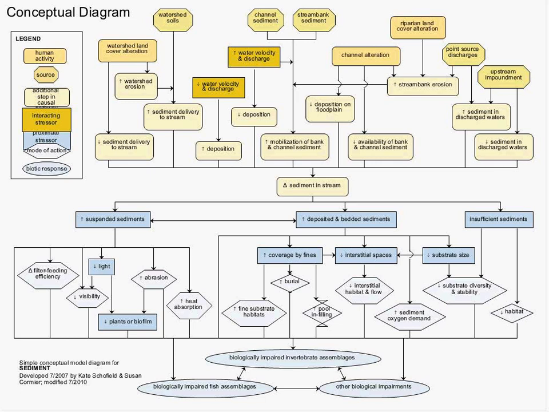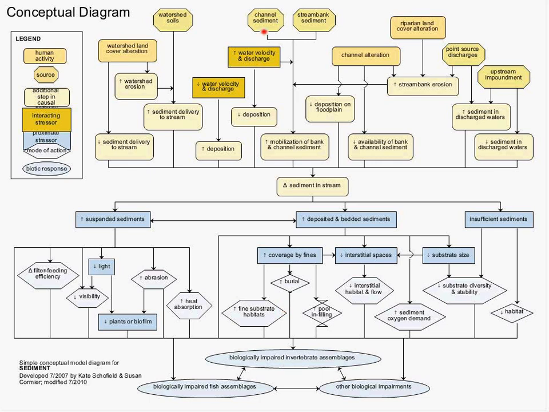But when you systematically go through it, starting from a source or a human activity and ending up with your biological impairment, what conceptual diagrams are really meant to do is capture what we call a causal pathway, or how do you get channel sediment, through biological terms and ecological interactions, to a biologically impaired invertebrate assemblage.